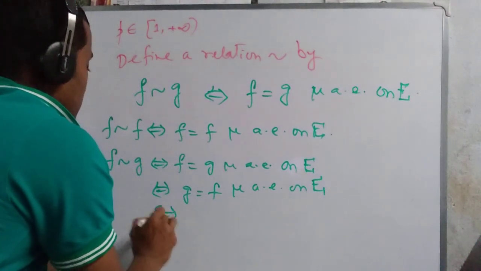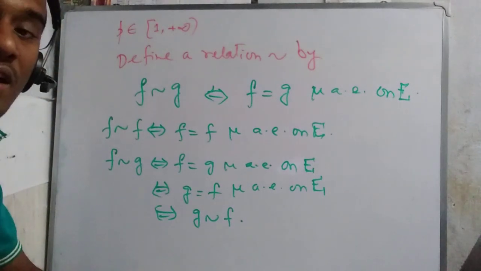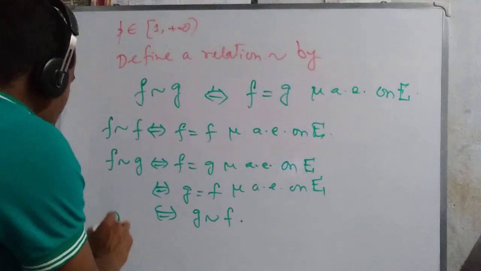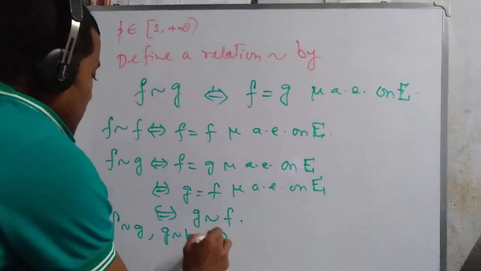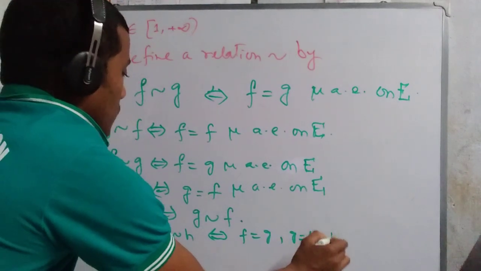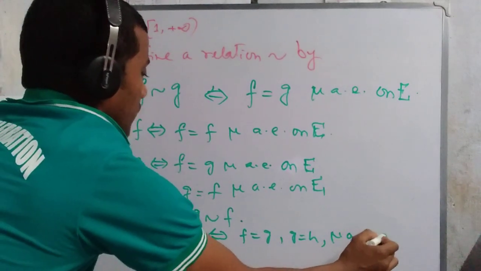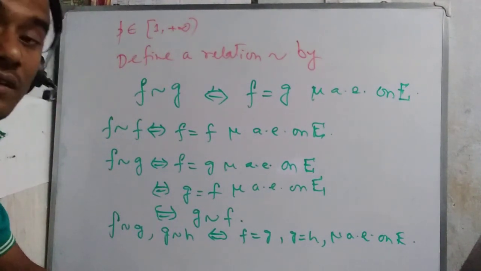This implies and is implied by g tilde f. Okay, again, f tilde g, g tilde h. This implies and is implied by f equal to g, g equal to h mu almost everywhere on E. This implies what?